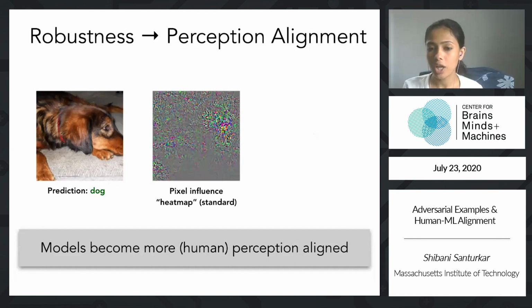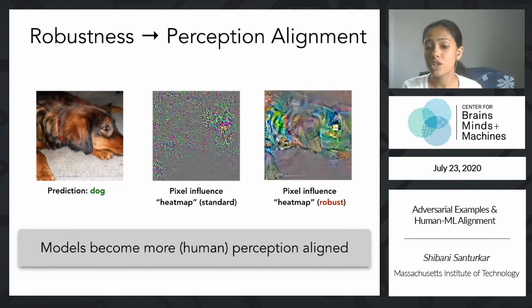But as soon as you look at the gradients of robust models, they look much nicer. There's been no processing done on the gradients. This is just the vanilla gradient of the model, and it looks much nicer. In fact, we're going to play around with some of these things in the demo as well.